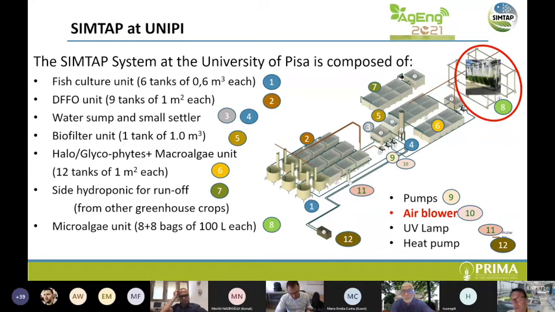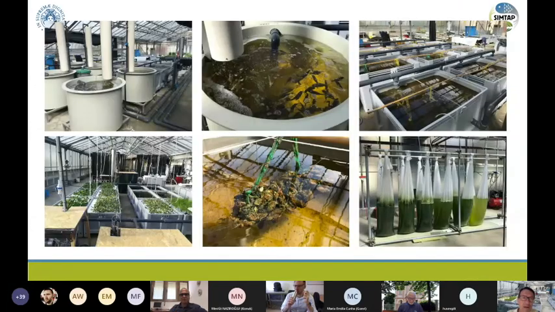We have, of course, water pumps, air blowers that are really important, and UV lamps for disinfection, and as I told you in advance, a heat pump. Here you can see some pictures of the fish tanks with fish inside, the polychaetes and filter organisms, the plant units.